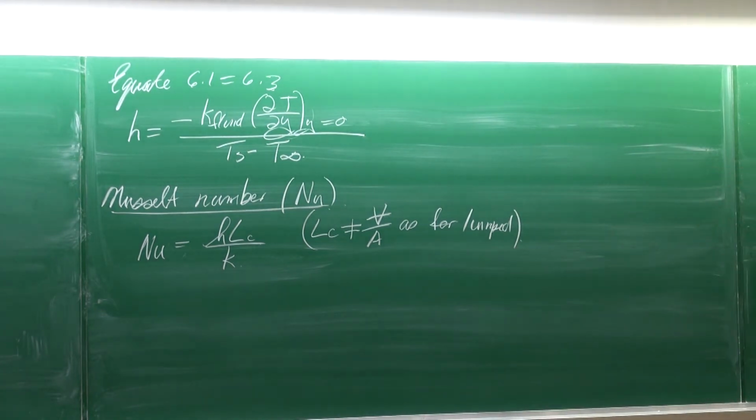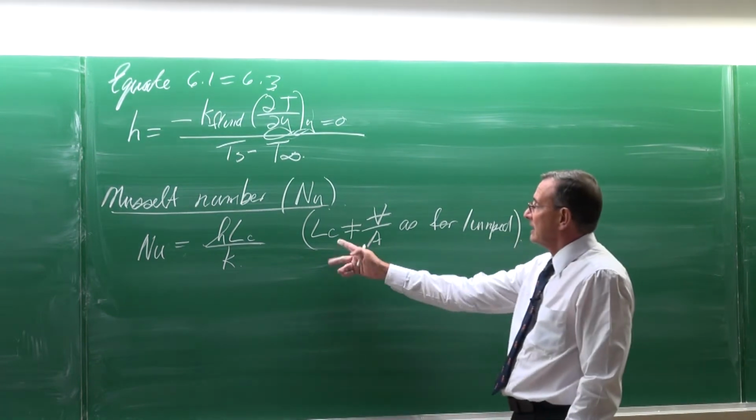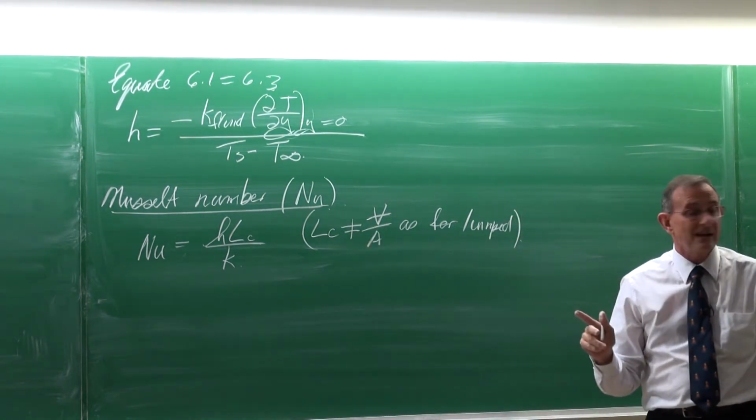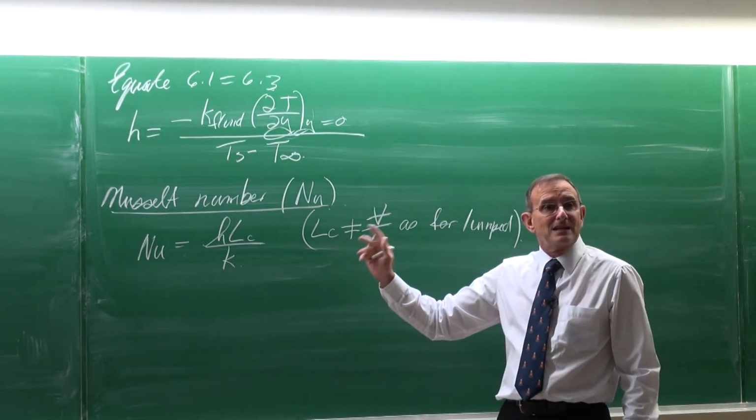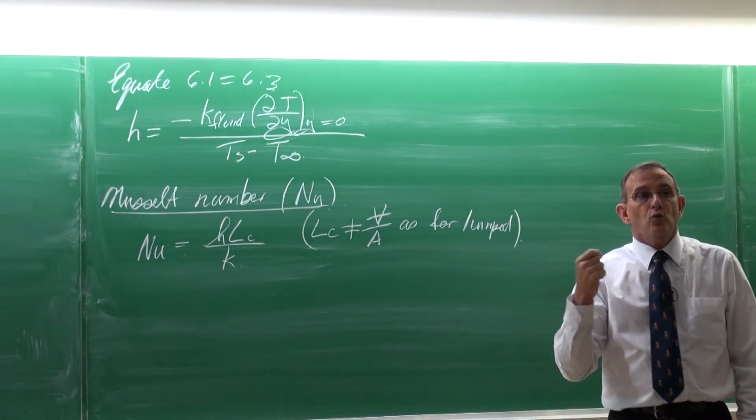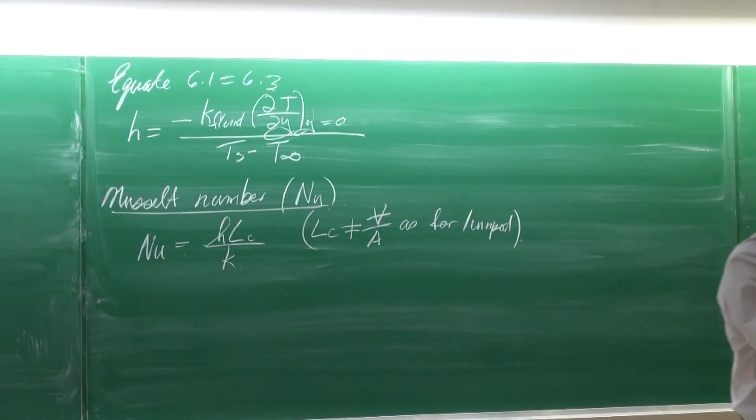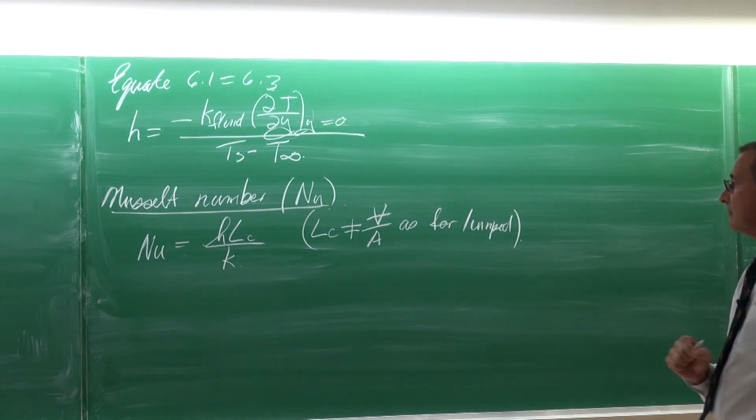Okay? So do not go and calculate it from the volume divided by the area. It is one or other characteristic length which has normally been used when the experiments were conducted.